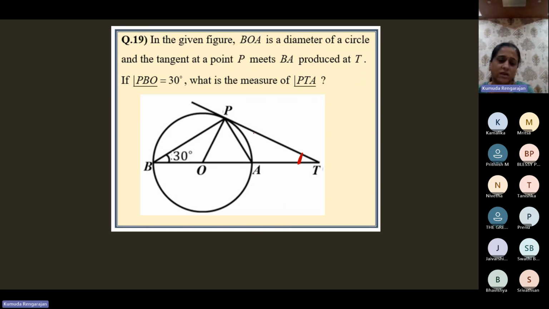So one of the ways can be, you can see angle PBA. This arc PA subtends PBA on the circumference. The same arc PA subtends POA at the center.